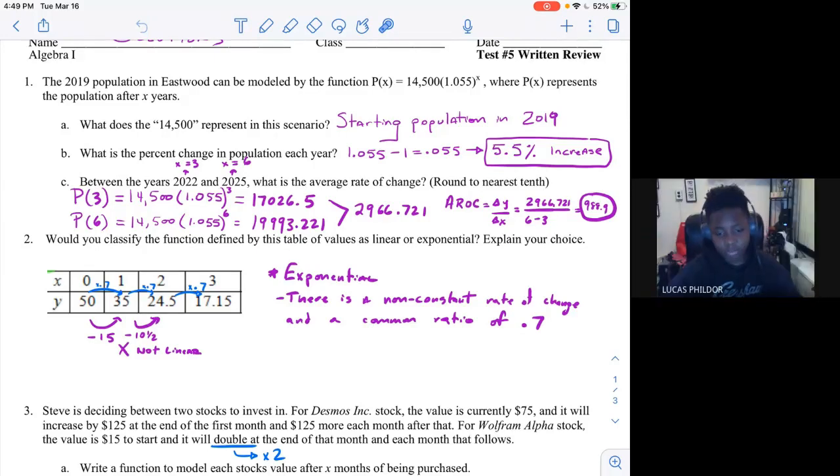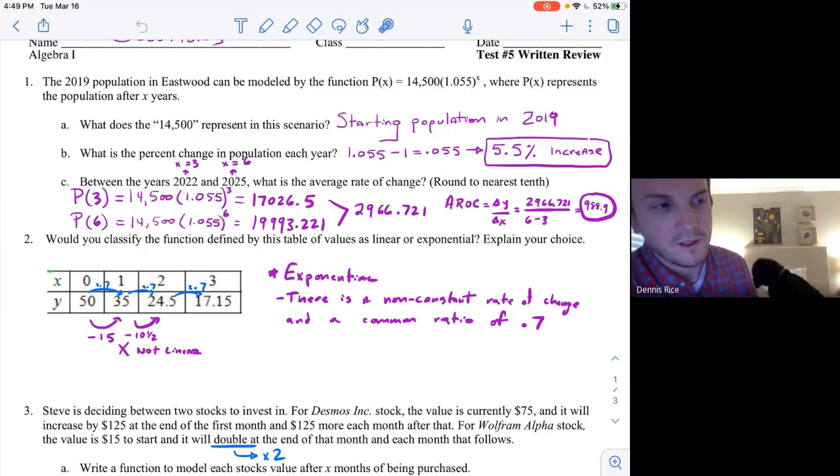Is there any way to read graphs better on the TI-84? Because whenever I try to trace out the line, it always gives me these weird numbers. Right. Yeah, I know what you're saying. So the trace feature is good for some things, but you shouldn't really be using that. If you're trying to find values, the table is a lot better. Hit second graph.